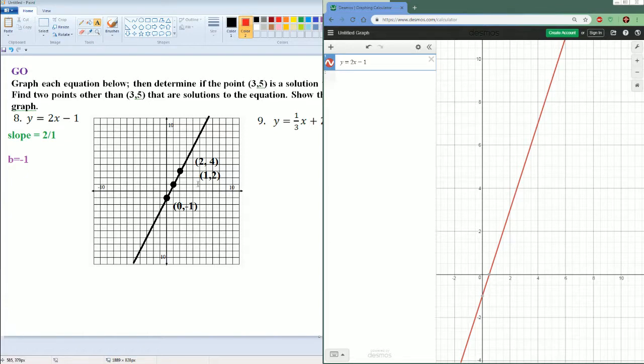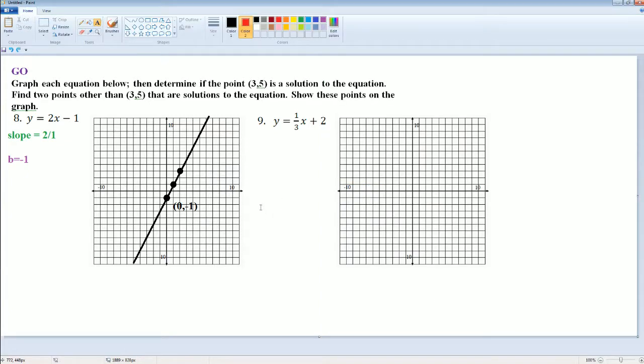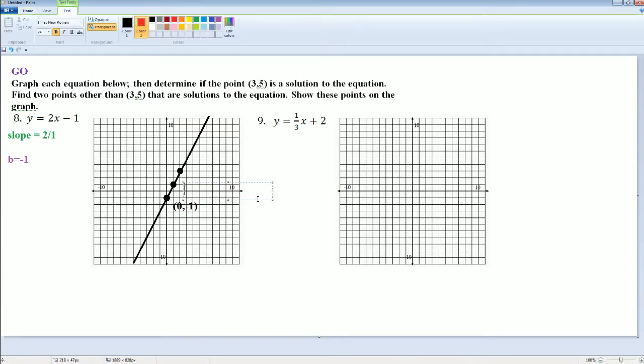Okay, so this is more correct, right? So the first one would be this. Then the next one would have been, because the x is going up by 1 and the y is going up by 2, 1, 1.